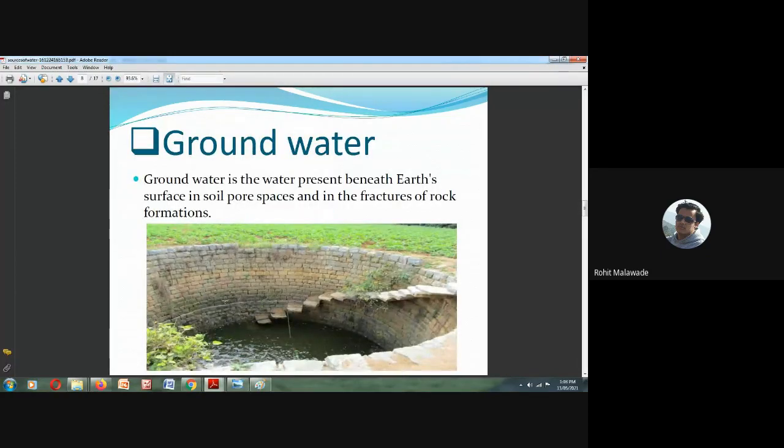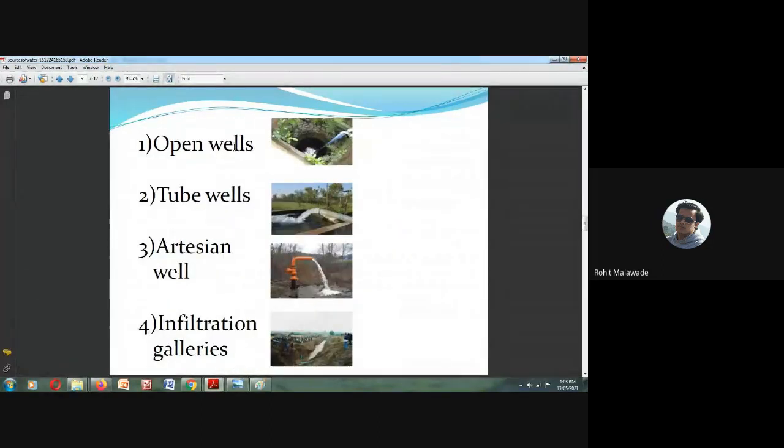Now we will see one more important aspect, that is the groundwater. We will be utilizing groundwater as a source of water. What is groundwater? The water which is present beneath the earth surface, in soil pore spaces and fractures of the rock formation, we call groundwater.